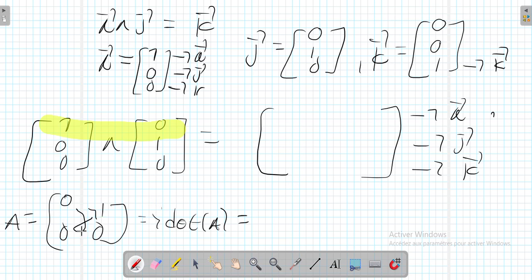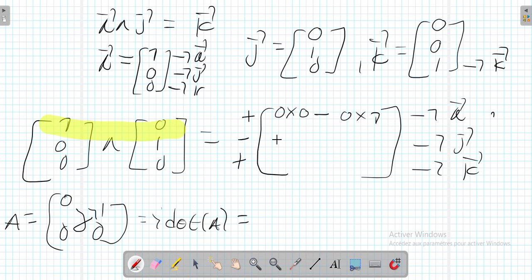So 0 multiplied by 0, then you subtract. Here you put plus, negative, plus, so that you remember. So 0 multiplied by 0 is 0, just to show you what I'm doing. Then 0 multiplied by 1.